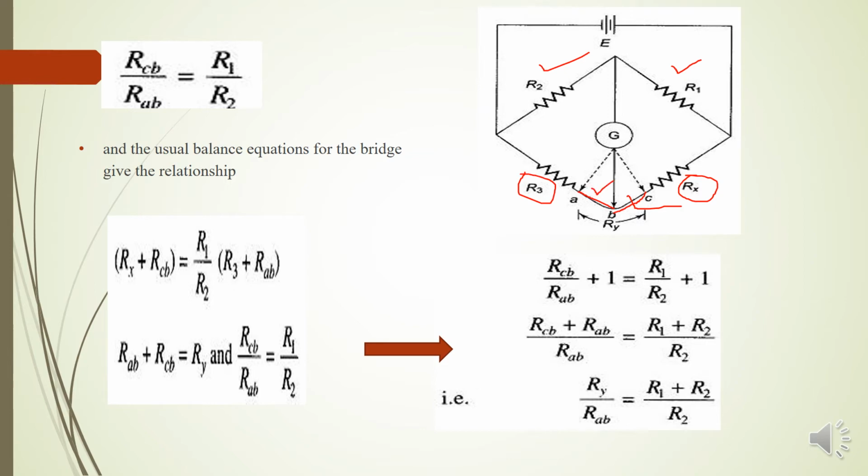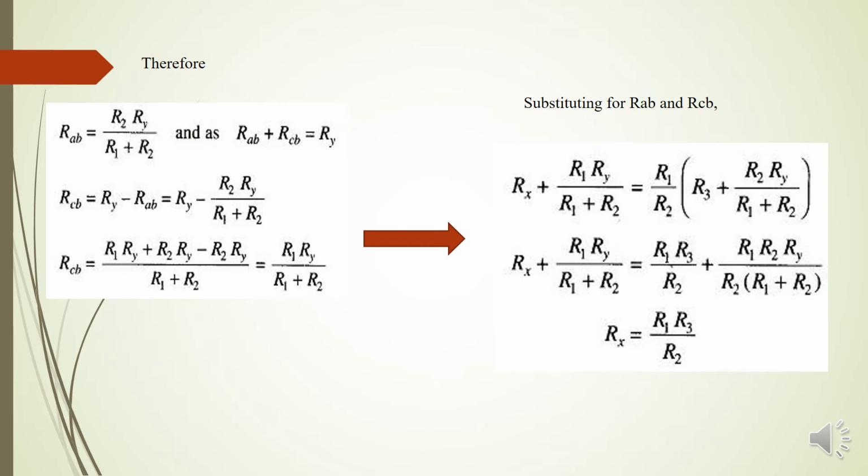Now rearranging these equations, we get Ry divided by RAB is equal to R1 plus R2 divided by R2, which gives RAB equal to R2 into Ry divided by R1 plus R2. RAB plus RCB is equal to the total resistance between the leads A to C, which is Ry.